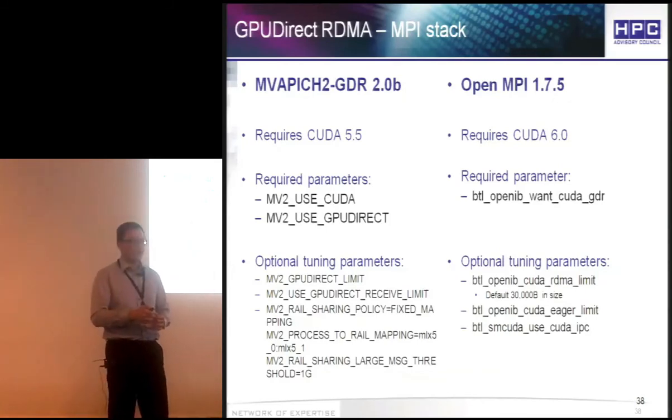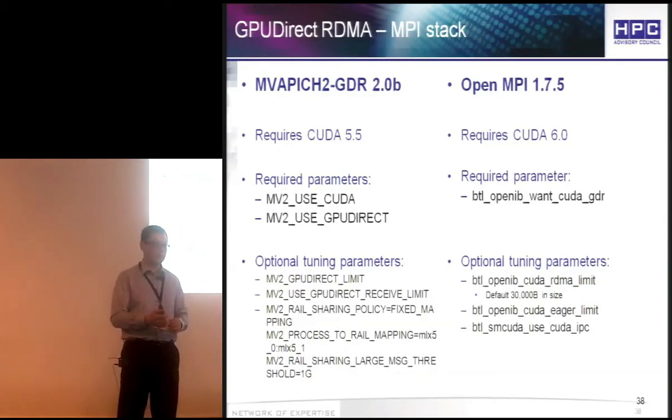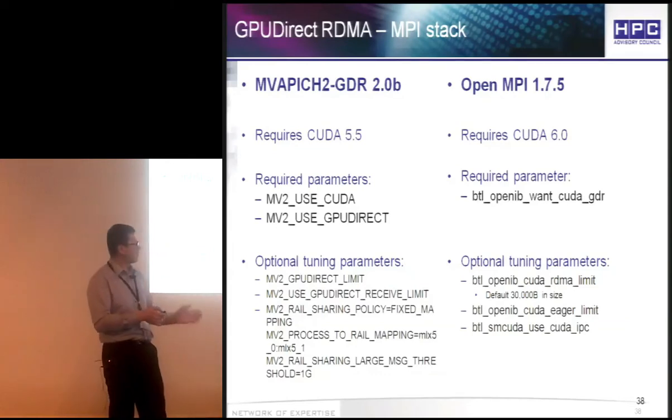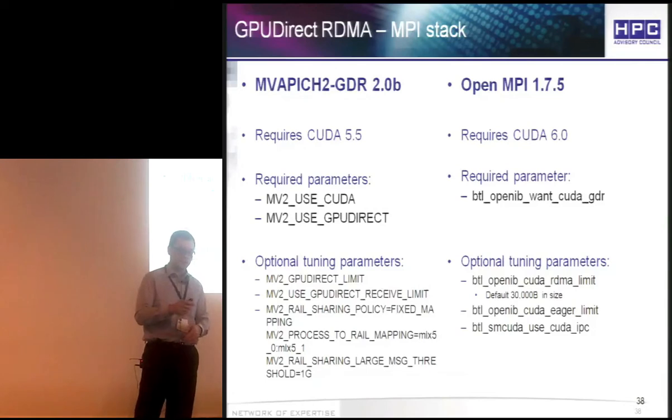On the other hand, for OpenMPI, starting with OpenMPI 1.7.4 RC1, it also has GPUDirect RDMA support. You find similar parameters that need to be set, and the default is 30 kilobytes, which is where the cutoff starts to happen.